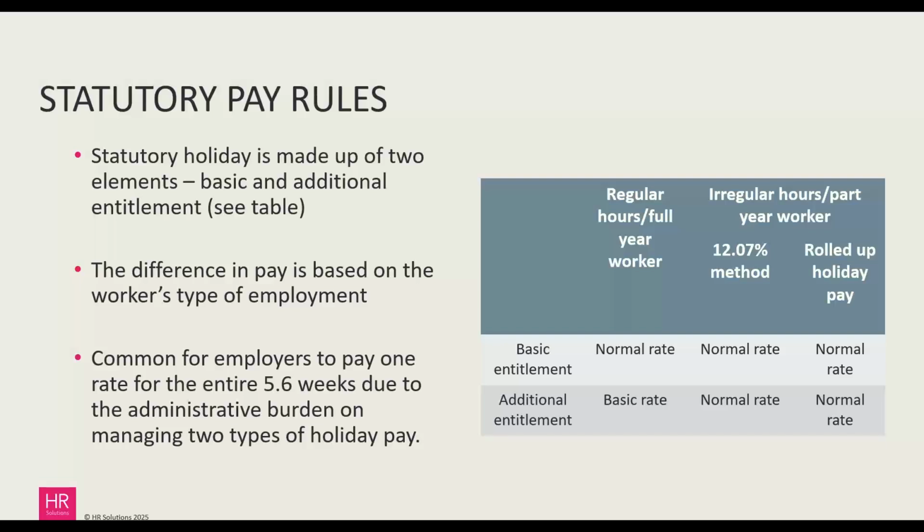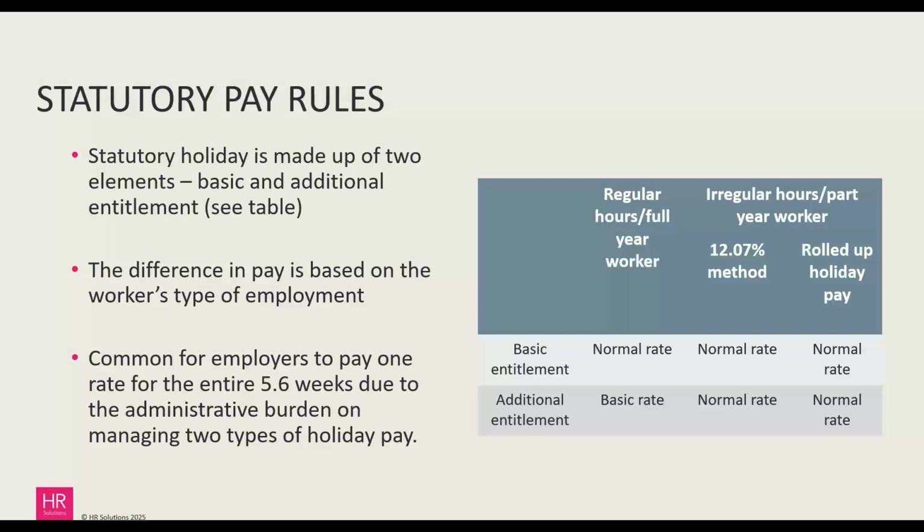But what we see is that it's common for employers to just pay one rate for the entire 5.6 weeks, simply because of the administrative burden of managing two types of holiday pay. But obviously it was important to highlight what the statutory position is. You may have working practices that apply just the normal rate throughout, but that's a clear difference, which is why I wanted to highlight that for you.